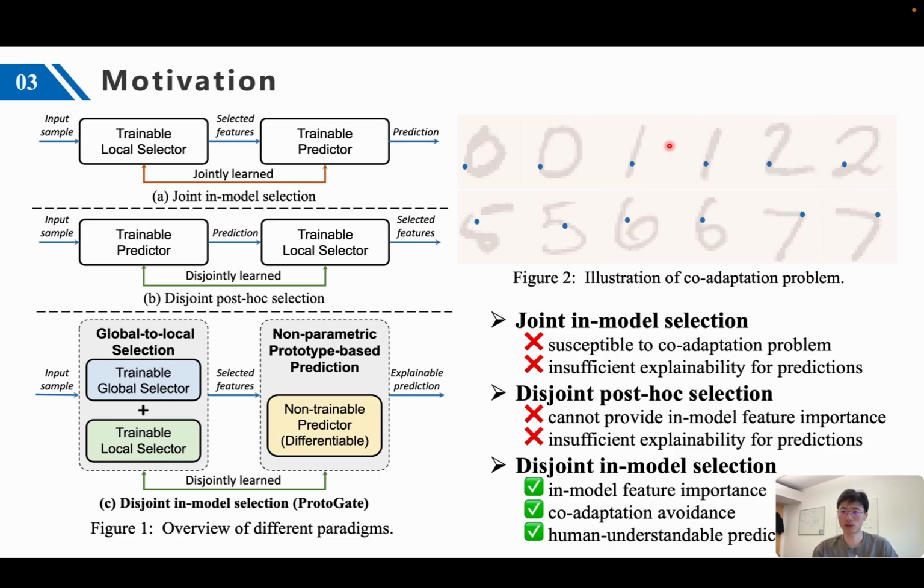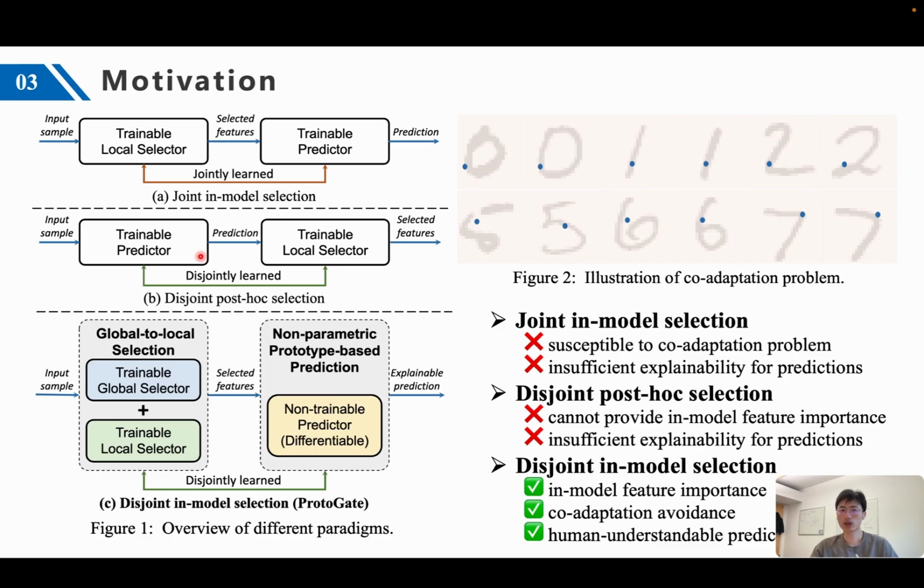To address this problem, some researchers further propose the second paradigm. In other words, we first train a predictor and then we freeze it. And then we use another feature selector to explain the predictions by providing feature importance. This is also straightforward because now the two components are decoupled. Of course, there's no more co-adaptation.